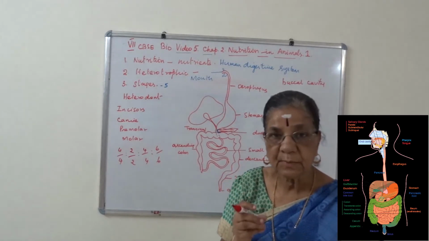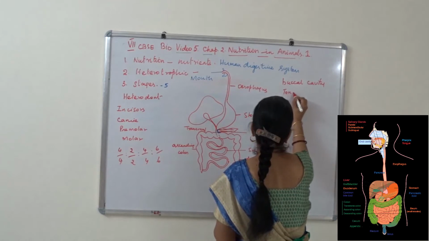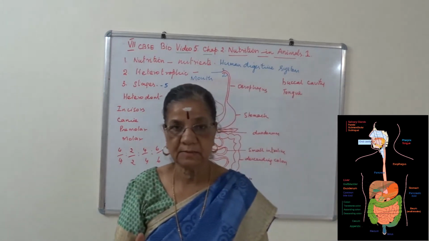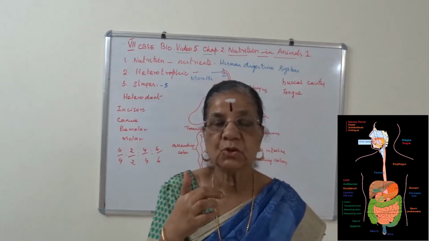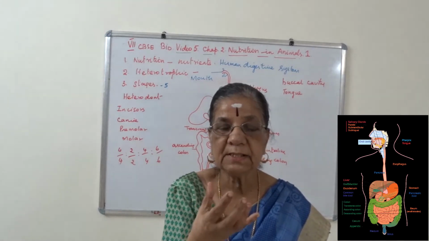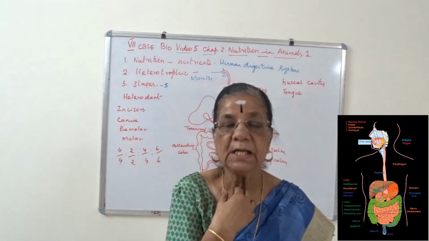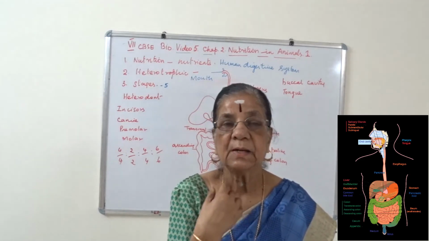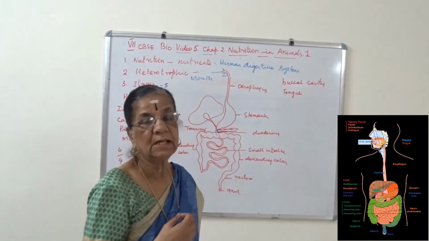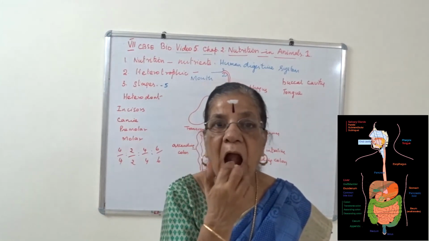And that buccal cavity has a muscular tongue, a fleshy muscular tongue. When we look at it, one end is free and the other end is attached at the base of the throat region. Below the tongue, can you see one fold?